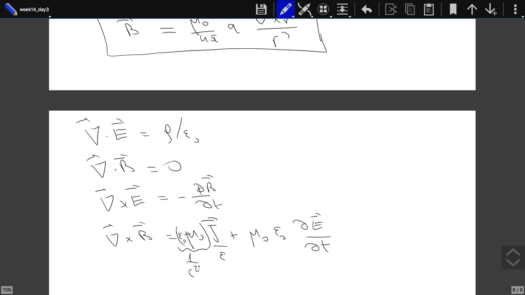But if there was a uniform, infinite, current-carrying wire, and the current was changing in time, in that case, my zeroth order electric field would be 0, but my B field will be non-zero because rho will be 0 everywhere. But J is non-zero, so I get a non-zero B, but 0 E. It depends on your problem.